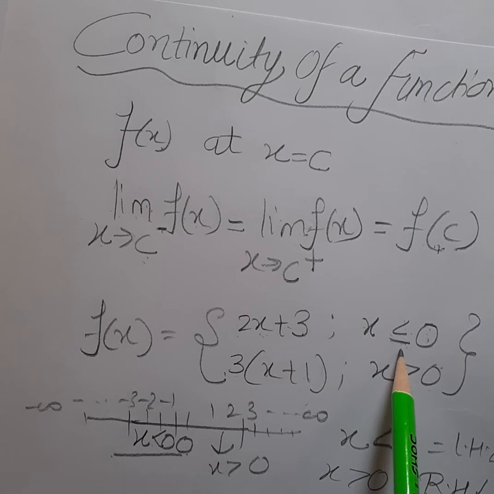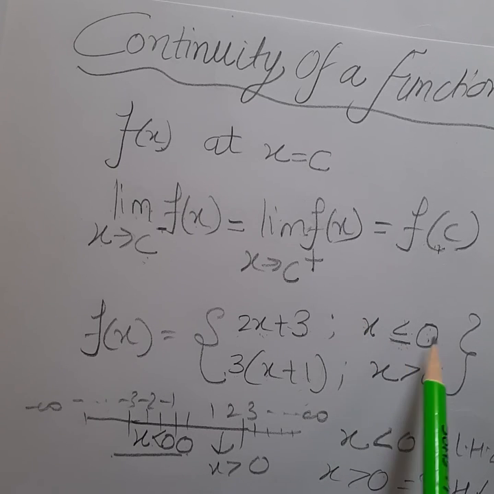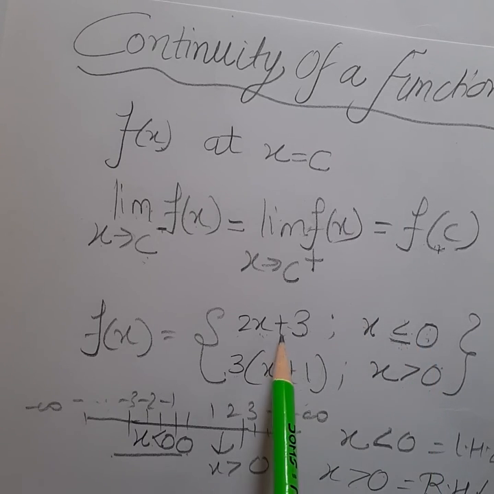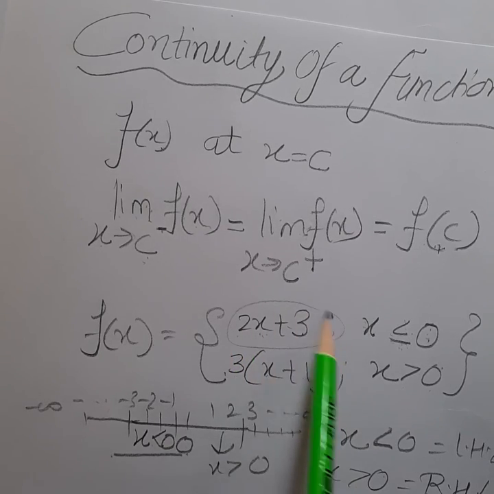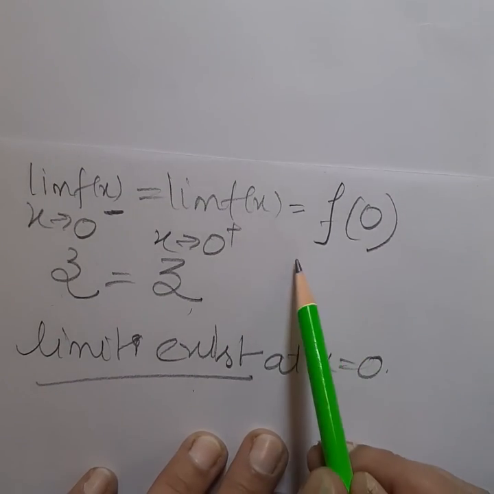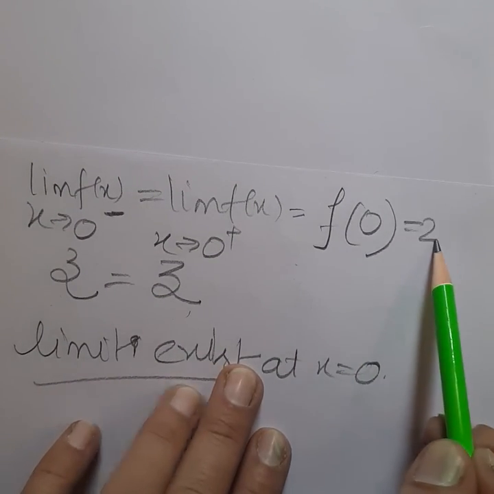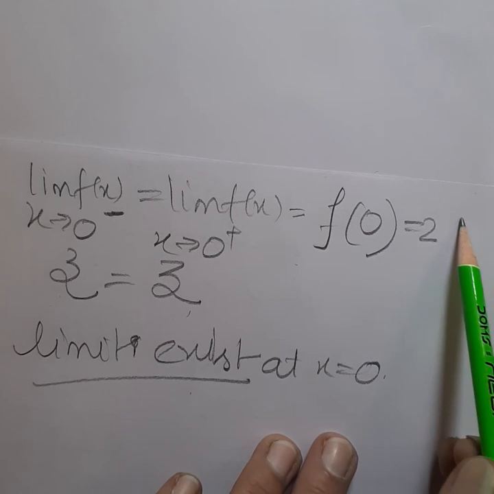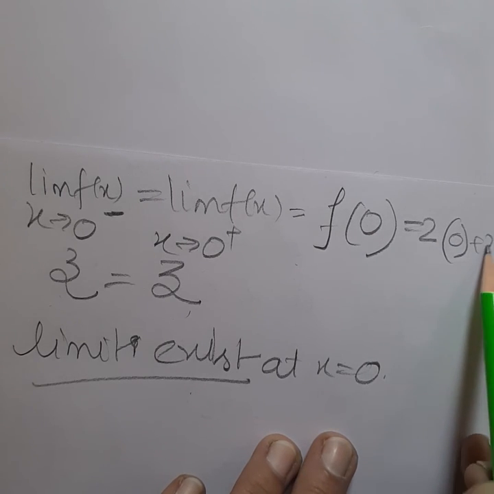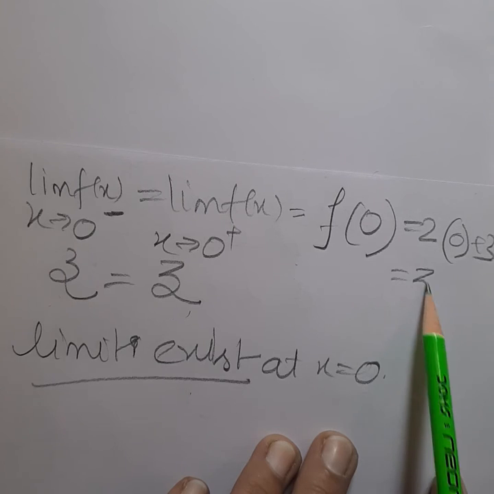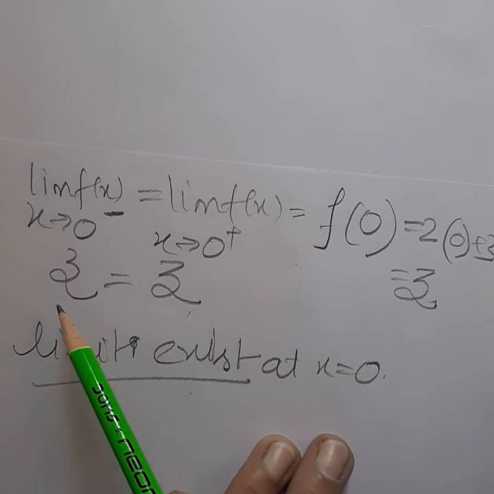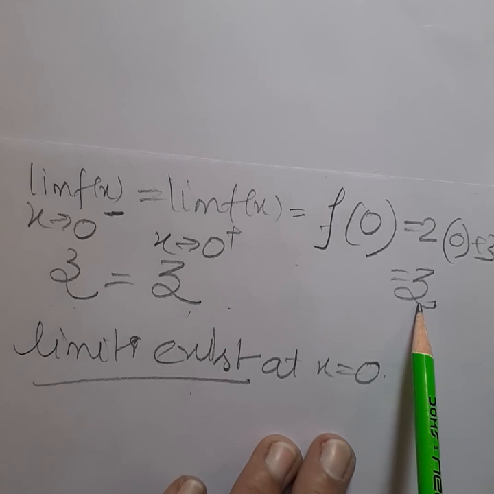So when we put x is equal to 0 directly in our question, we take this function, 2x plus 3. Now we put our value in 2x plus 3 and we get 2 multiplied by 0 plus 3, and in this way also we have 3, meaning the 3 conditions are equal.